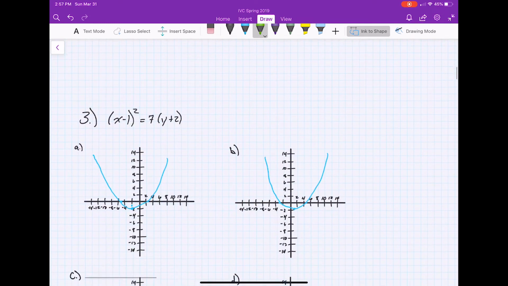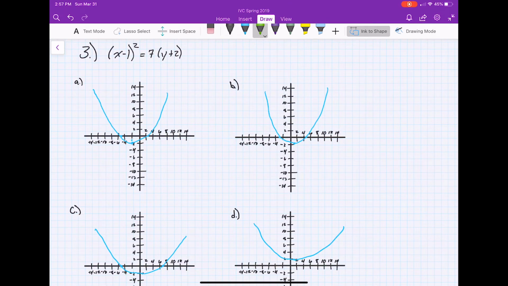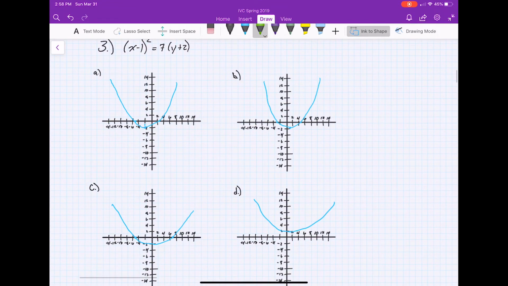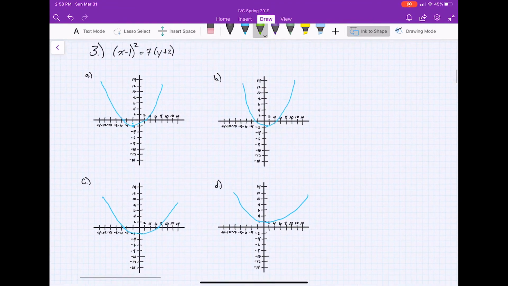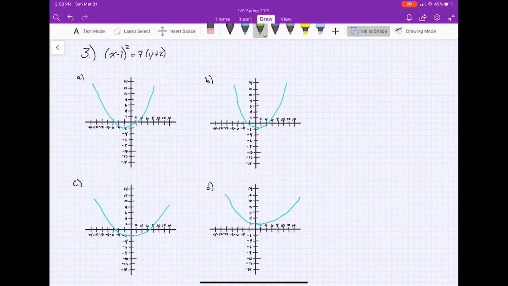All right, so for number 3 and number 4, basically we need to match the equation to the graph. This is pretty easy. What we're looking at is the vertex of this equation. So we have 1, negative 2.